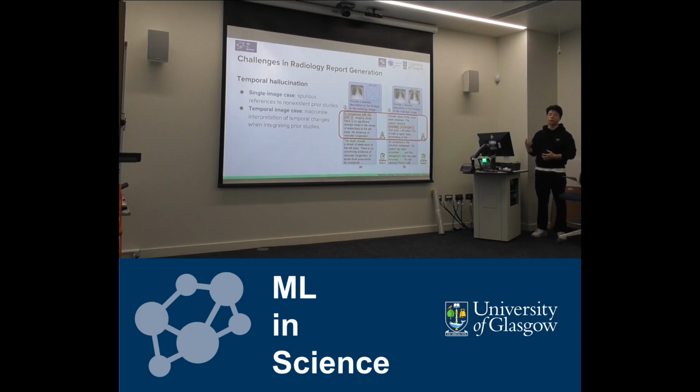If you remove some temporal information, it will force the model to ignore the temporal information entirely. Another approach is treating the multi-image case as a multi-turn conversation, where the prior and current scans are processed like a dialogue history.